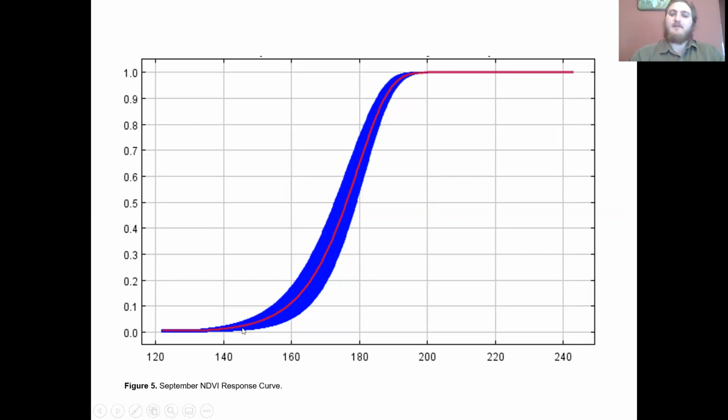And so in September, we see a really, really strong positive correlation between the increase in NDVI values, which means that it's greener or has more vegetation there, and actually predicting presence data, which is 1.